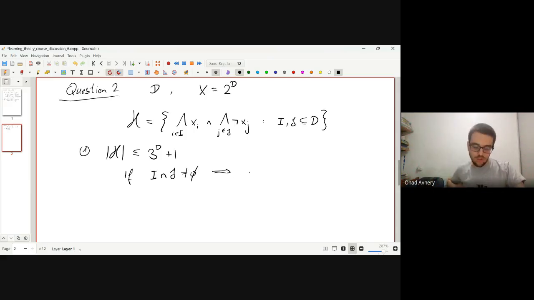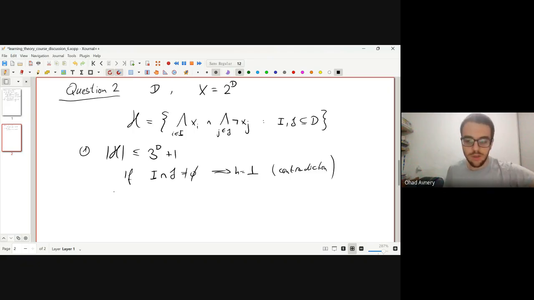So that's a special function. But other than that, I claim that I and J can be uniquely constructed from a given conjunction.